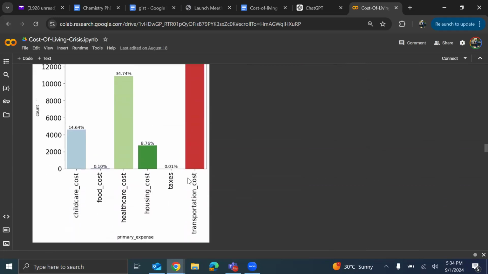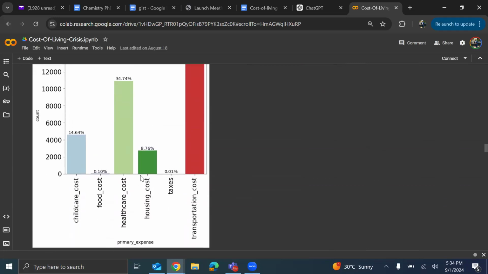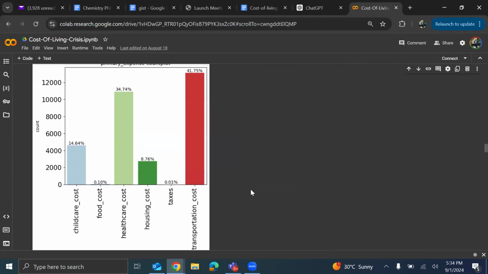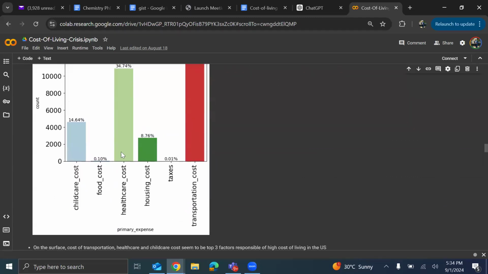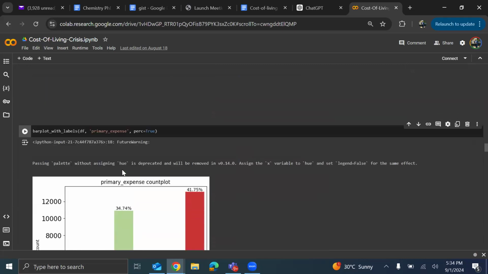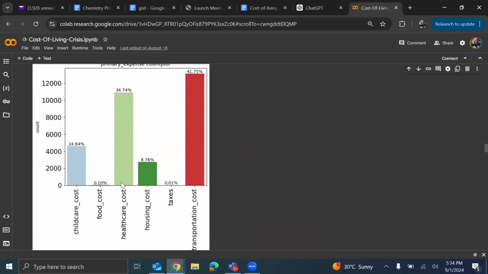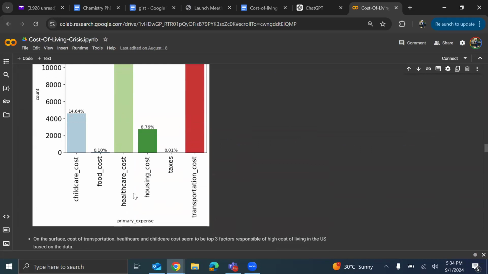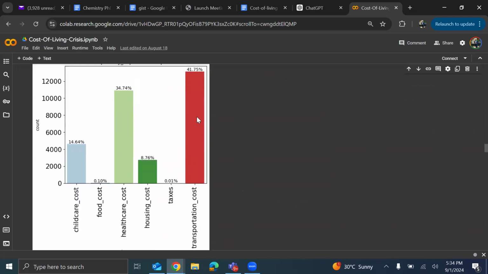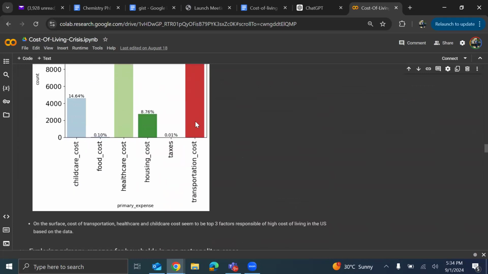And then I'm saying that most of these households spend a lot more on transportation, healthcare, childcare, and housing. You understand? But you must spend a lot more on transportation.